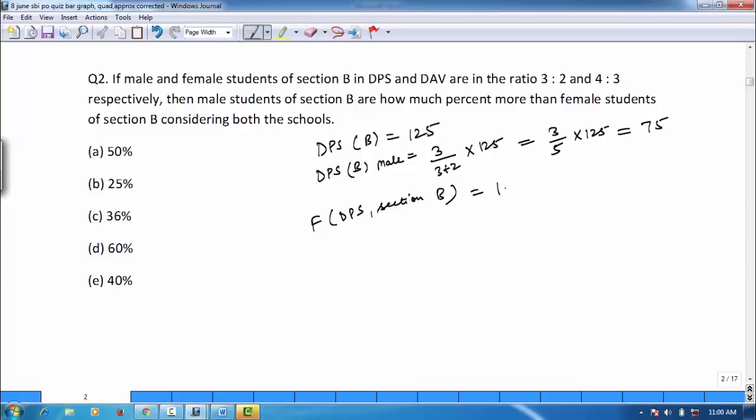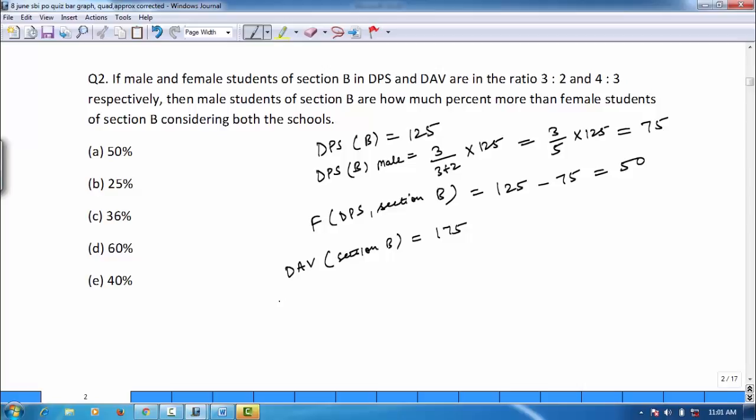So the total number of students is 125 and the number of male students is 75. So the number of female students will be equal to 50. Now the total number of students from DAV section B is equal to 175.